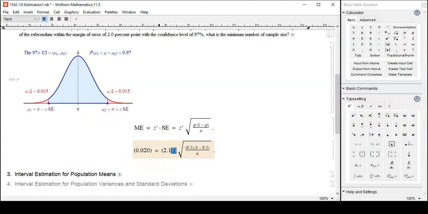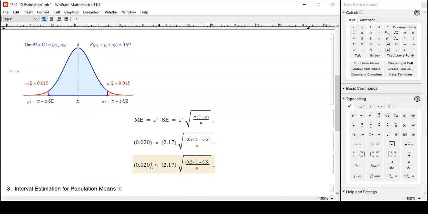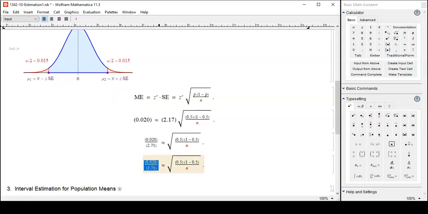How do you do that? First, flip this to the other side. Algebraic manipulation, just division, so dividing by 2.17. Is that clear to everybody? Okay, next, the square root. I'm going to get out of the square root. So how do I do that? I square both sides.